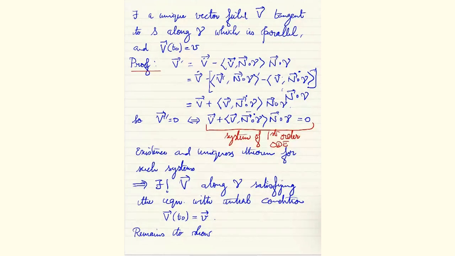So even though the original vector field may be tangential, when you take its covariant derivative, you lose that feature. So when you take the derivative along the curve, you lose that feature. So it remains to show that V is actually tangent to S along gamma.